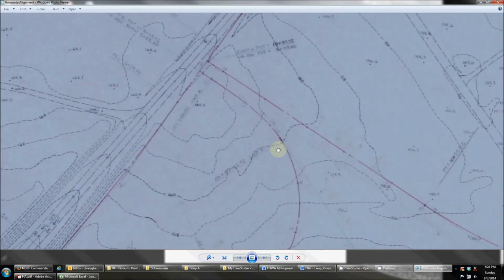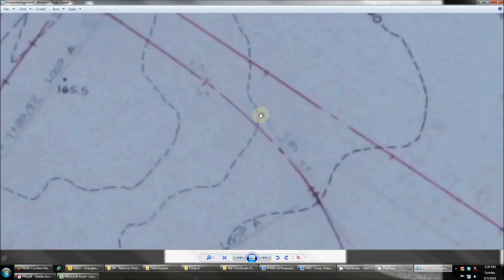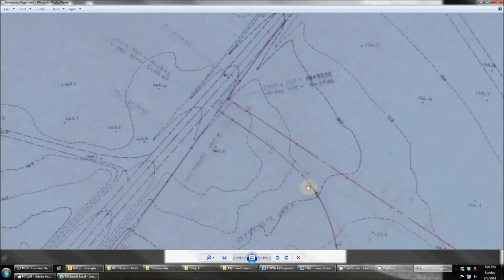And then do the exact same thing up here with this PI2, you could say, for the second spiral of this curve system. So from the tangent distance that we drew at the very start of this loop project, measure theta S towards the PI, so opening up towards the PI, and draw this line in.